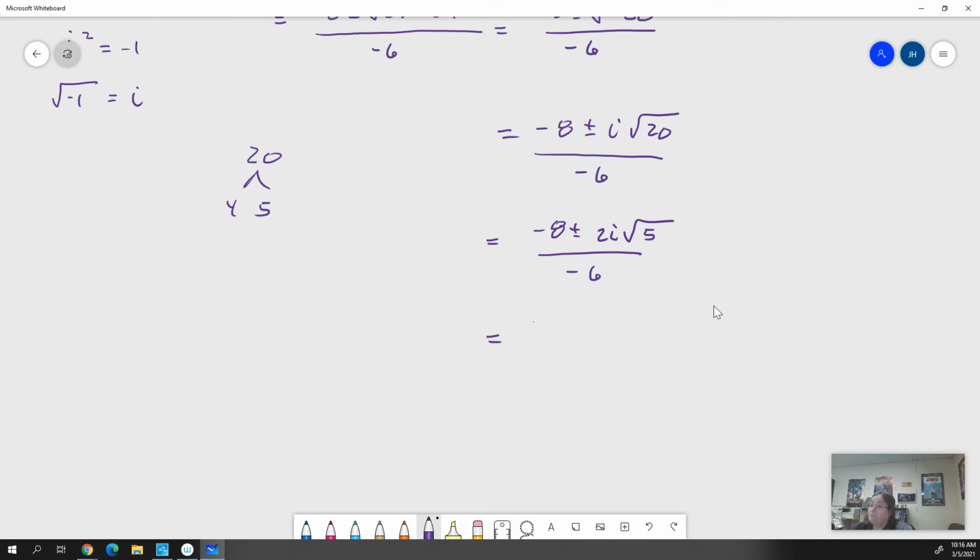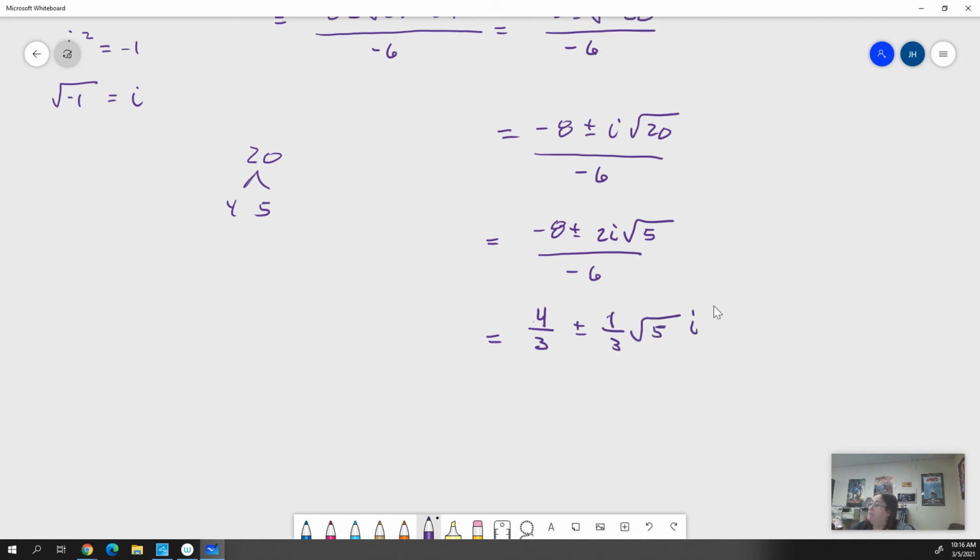So negative 8 divided by 2 is 4. Well, we could actually separate this one, but I'm not going to throw that at you right now. Or I can. Negative 8 over negative 6 would be 4/3 plus or minus 2i over negative 6. Well, that would just be negative 1/3, but we still got our plus or minus, so it's just going to be 1/3 radical 5 i.